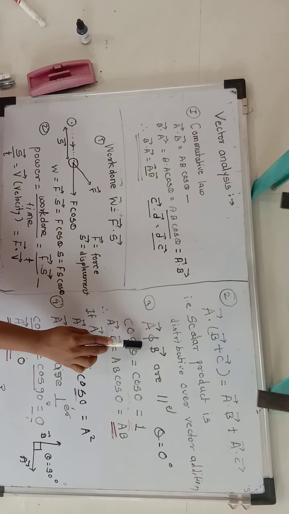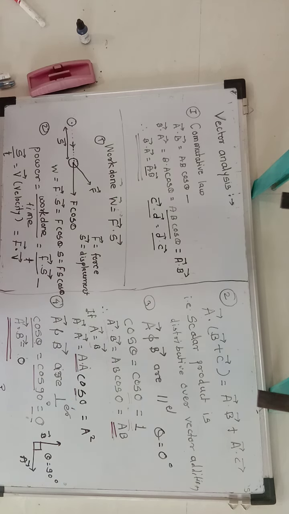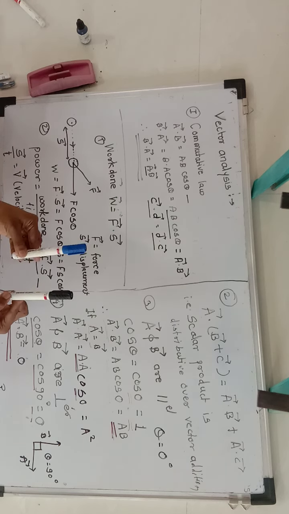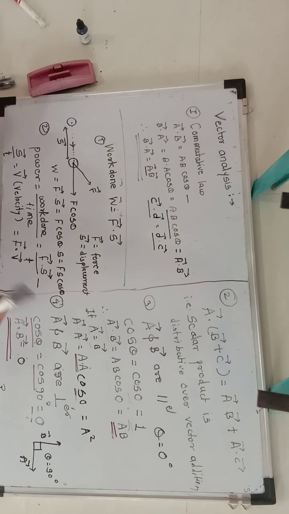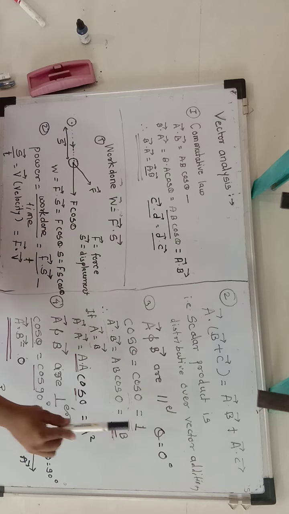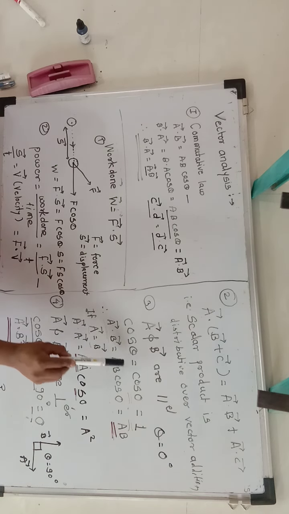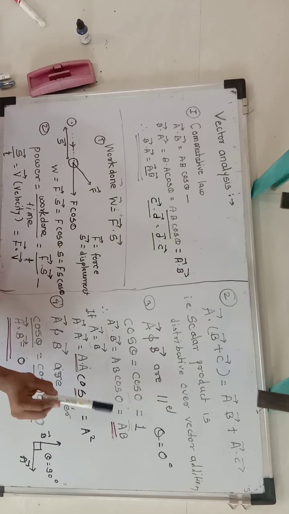Suppose a bar and b bar are parallel to each other. We have two vectors a bar and b bar, and suppose they are parallel. It means the angle between a bar and b bar is what? It is 0. The angle theta between the vectors a bar and b bar is equal to 0. Theta is equal to 0, so cos theta is equal to cos 0, which is 1.